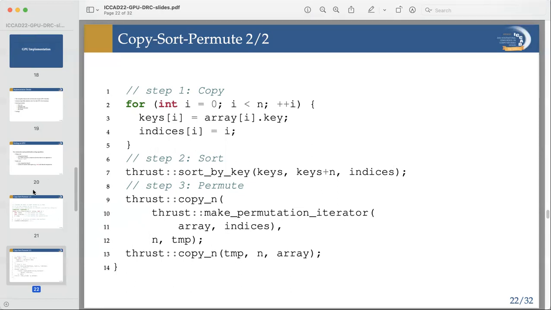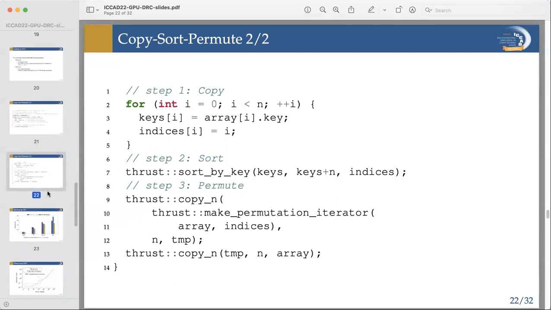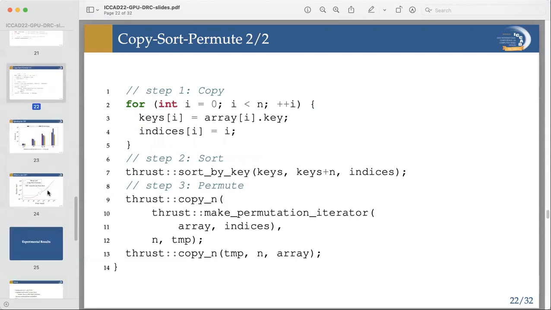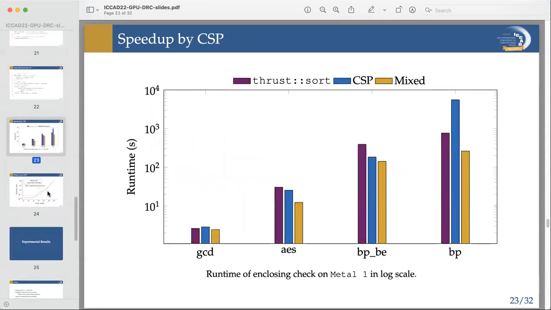And intuitively, it involves more things to do, so it should only be used with large arrays. And here is the runtime comparison between three strategies, including the thrust sort, our copy, sort, permute, and a mix of them. So we see that in all of the test cases we have, the mix strategy actually outperforms.